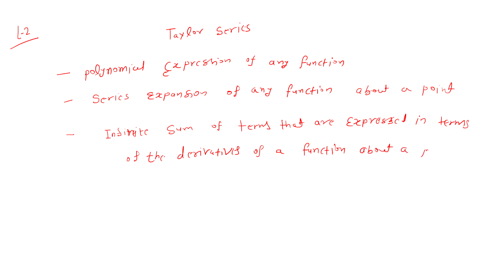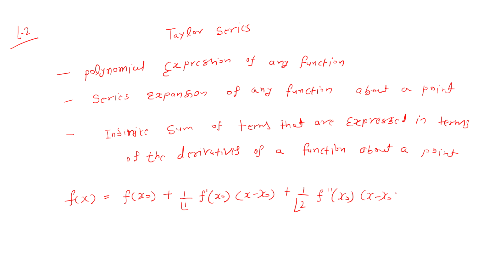about a point. So if I write down the mathematical expression for this, then f of x will be given as f of x is equal to the value of this function at a given point plus 1 upon factorial 1 first derivative at this point x naught, x minus x naught, plus 1 upon factorial 2 double derivative of this function at point x naught, x minus x naught to the power 2, plus this will go till infinity.